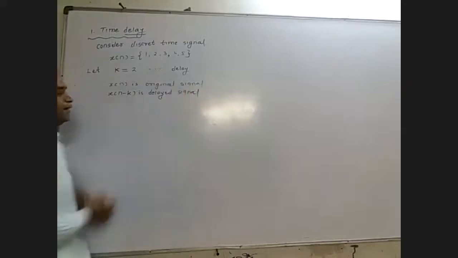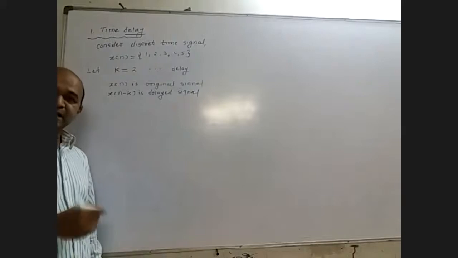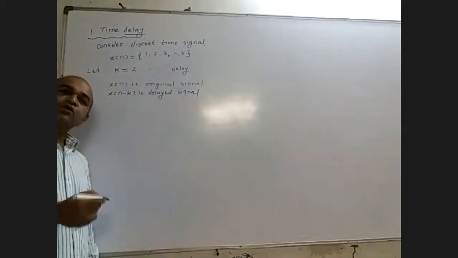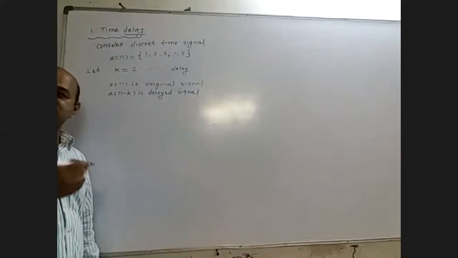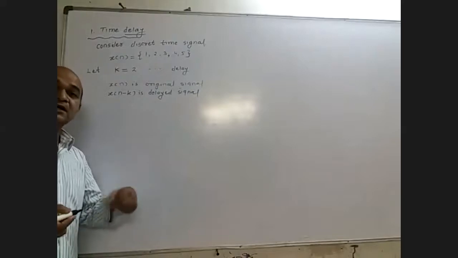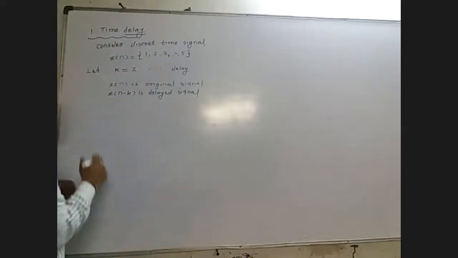Now, to understand this delaying of the discrete time signal, we first go for the graphical representation of the discrete time signal. The question is how you can draw the discrete time signal in graphical form. You already learned the graphical representation.